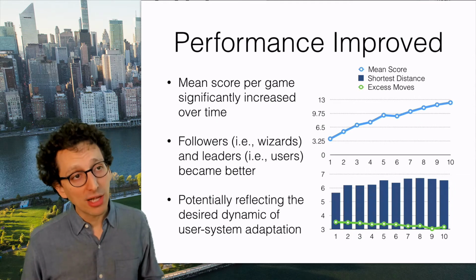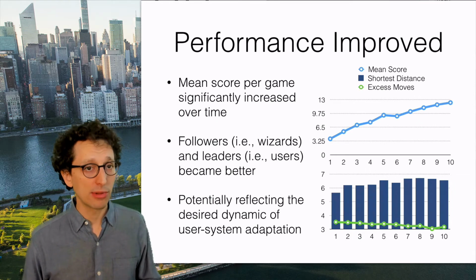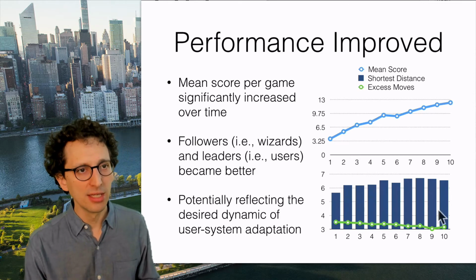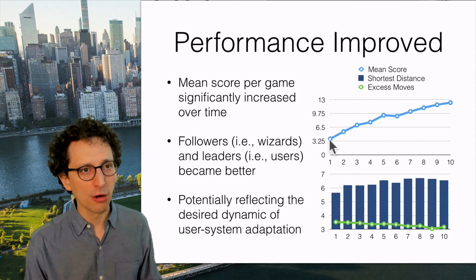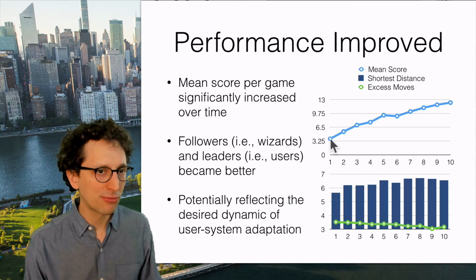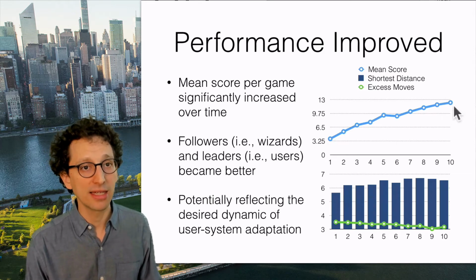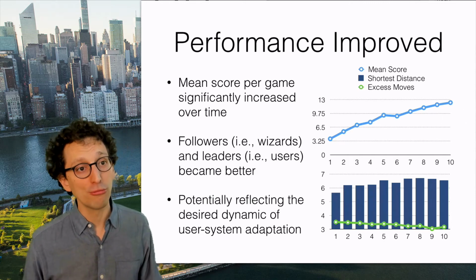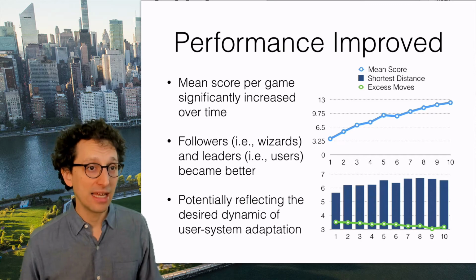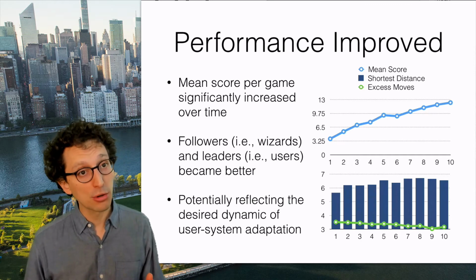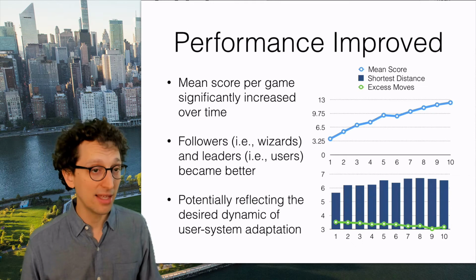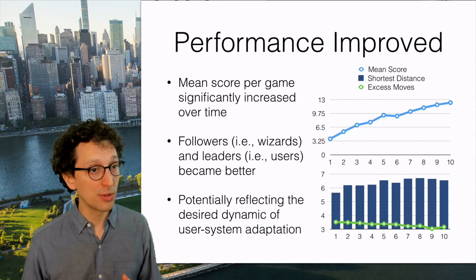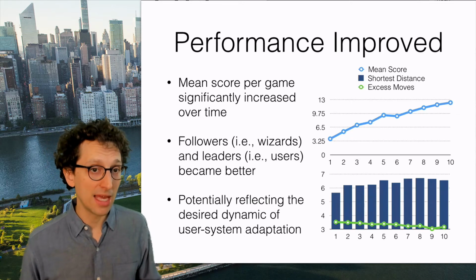Not surprisingly, people are getting really, really good at this game over time, so performance improved. The mean score per game significantly increased over time, and we can see it climbing from as low as around 3 to something like 13 in the last deciles. This is because both followers and leaders became much better.